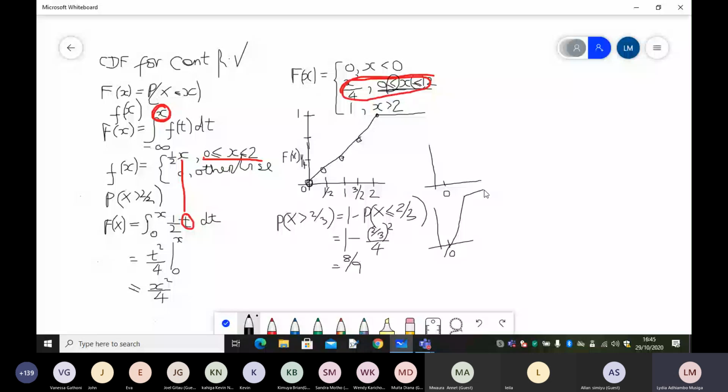It will be a horizontal line after the point x is equal to 2. So that's a good question, because if I put it here, it's as if we are recognizing the 0 at the point of intersection for the general graphs that we draw.